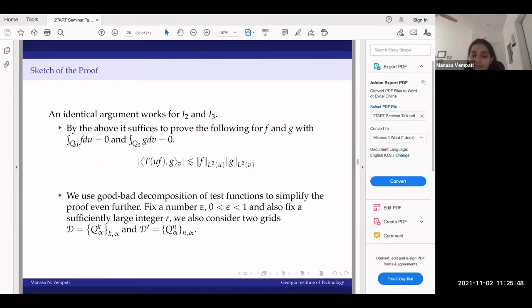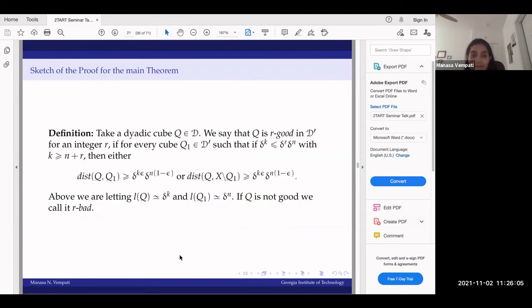So for that, we'll fix a number epsilon that lies between 0 and 1, and we consider dyadic levels given by D and D prime, where D is the dyadic system at the level k and D prime is the dyadic system at the level n. Now coming to the definition of a good cube, we consider a cube Q in D. So Q is a cube that comes from the dyadic level k.